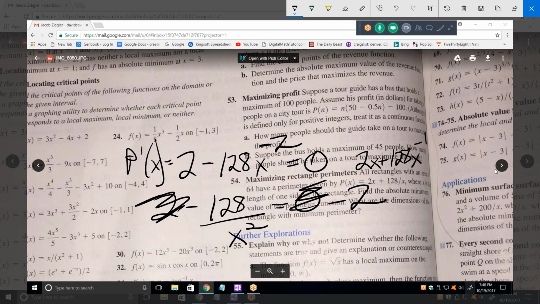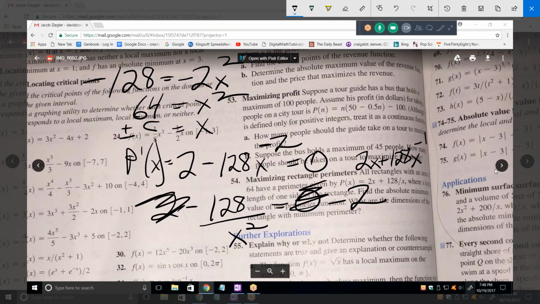So now we have minus 128 equals minus 2x squared. And then divide by 2. And then we have 64 equals x squared. x equals what? Plus or minus 8.